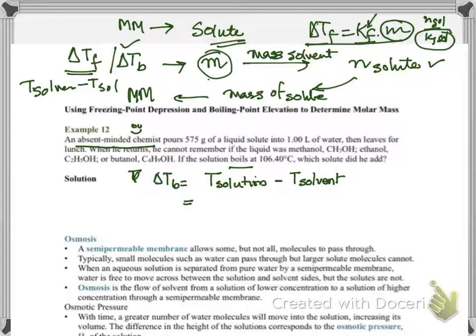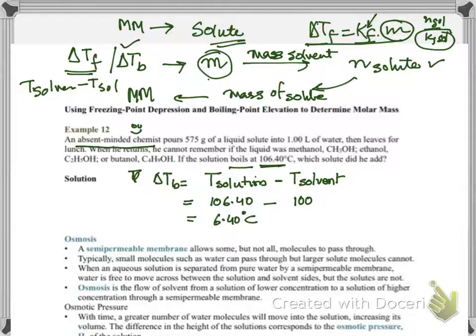Boiling point of the solution is 106.40, and boiling point of the pure solvent, what are we using? We are using water, so the boiling point of water is 100 degrees Celsius. That means the change is 6.40.